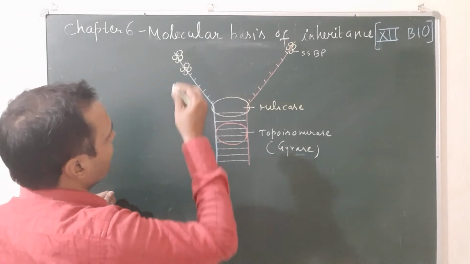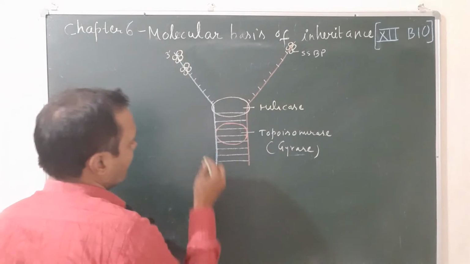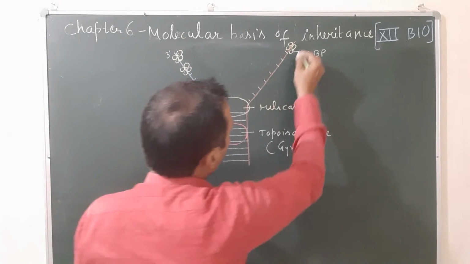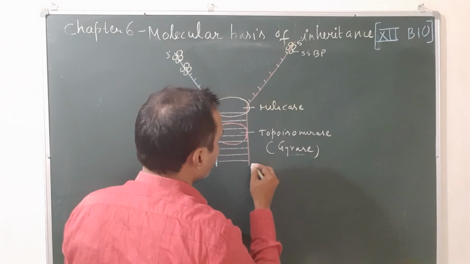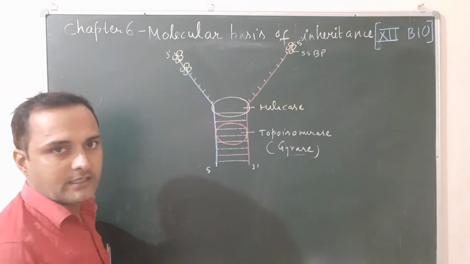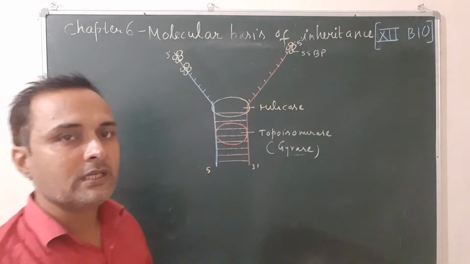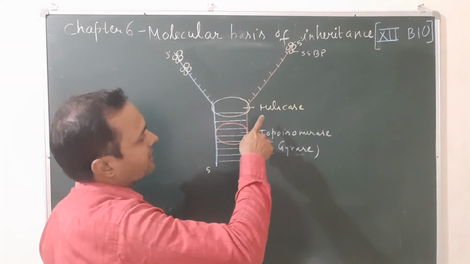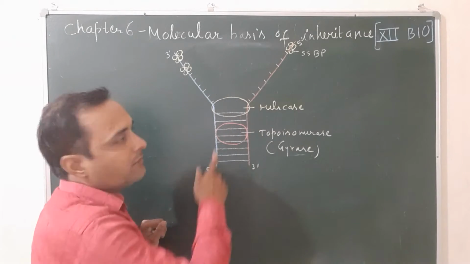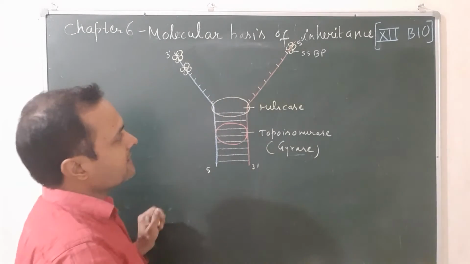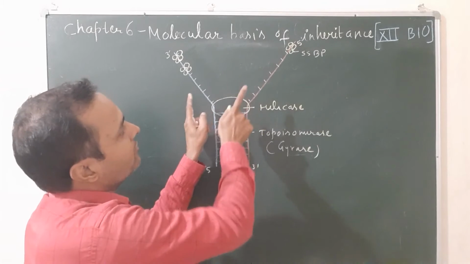Here polarity is 3' to 5', and here polarity is 5' to 3'. This is the anti-parallel condition. This is step 1, in which the helicase enzyme helps to break down hydrogen bonds between the two strands of DNA. As a result, some parts unwind.